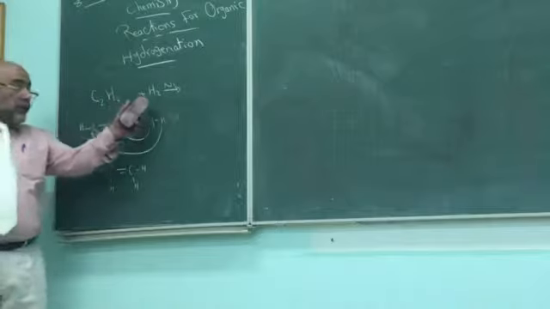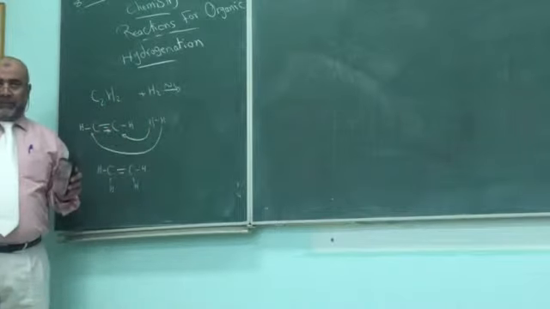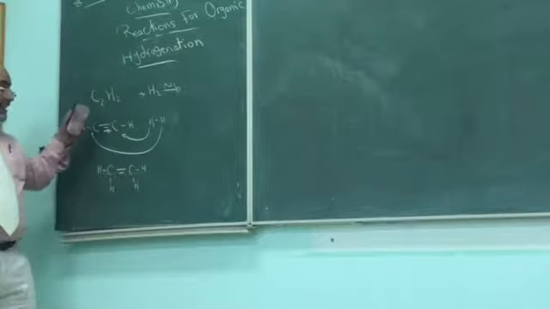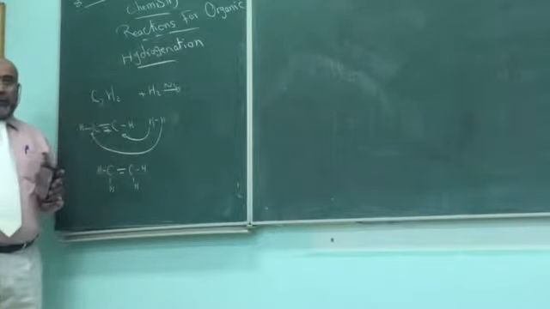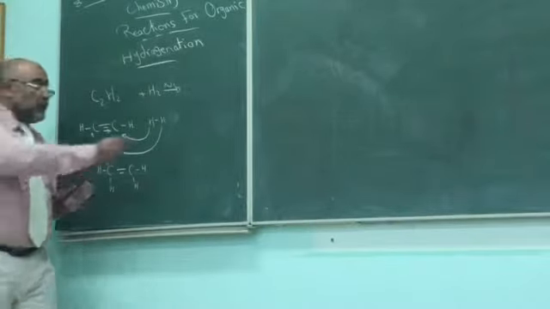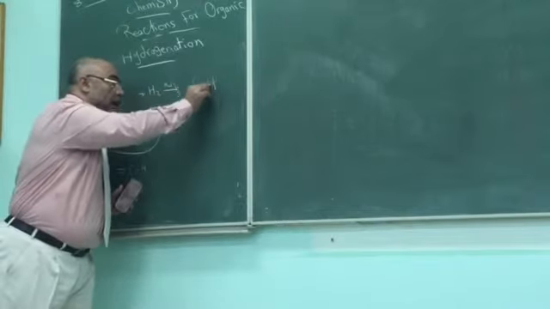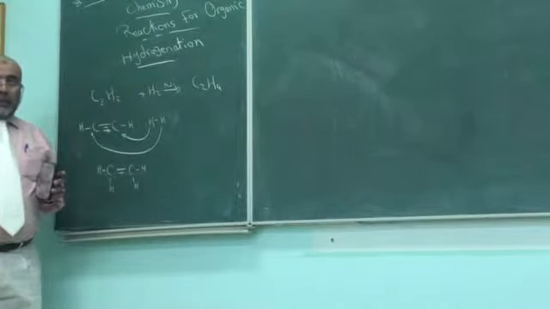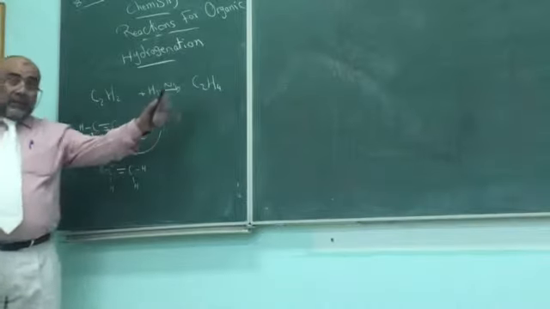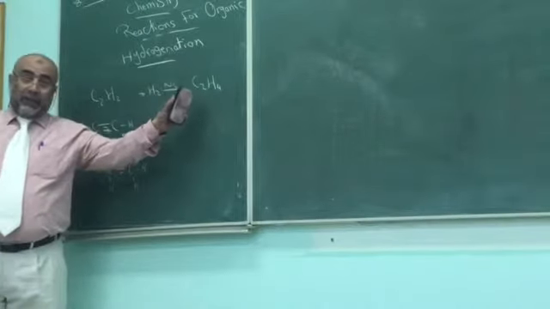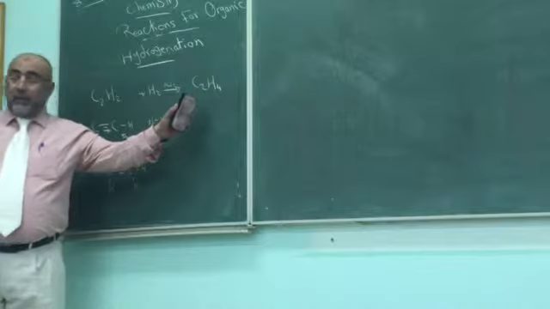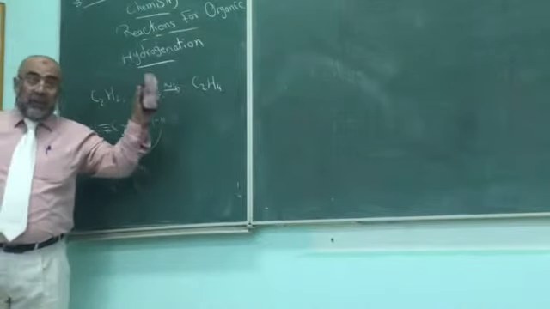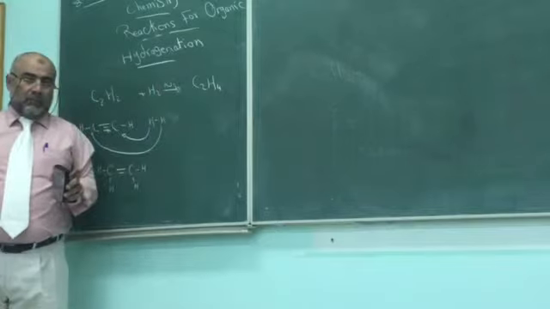By hydrogenation process, that means addition of hydrogen to acetylene, C2H2. It will produce in this case C2H4 ethene. Can we produce ethene or ethylene? Can we use this method for preparation of ethene or ethylene?